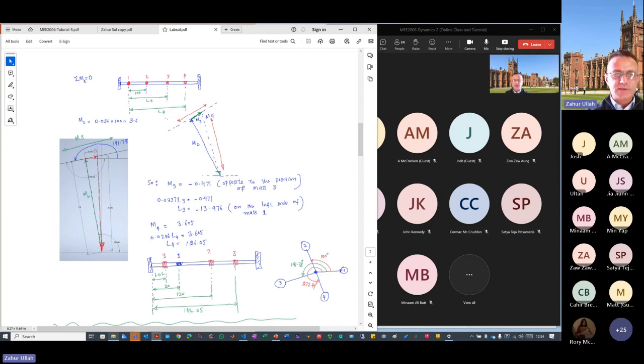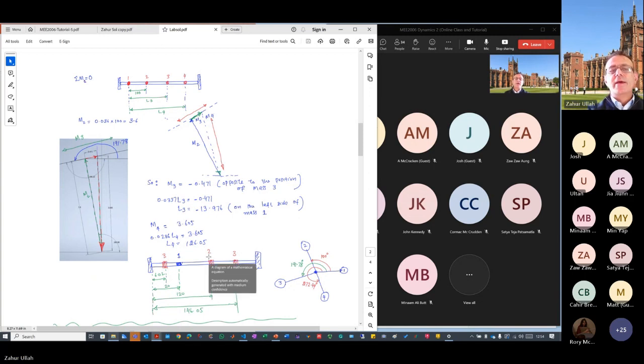So now you calculate this distance here by using a ruler, and you calculate this distance here by using a ruler, and this is 0.471, and this is 3.6 something. So M3 is 0.471. Now, the thing you need to understand is that M3 is in this direction, but M3, as you can see in the figure, is in the opposite direction.